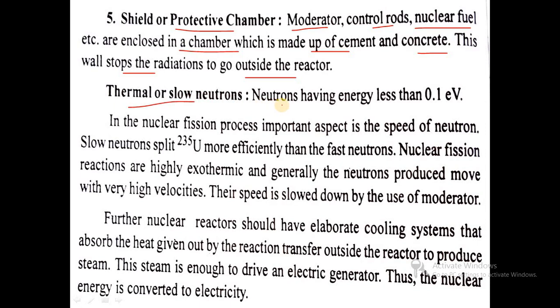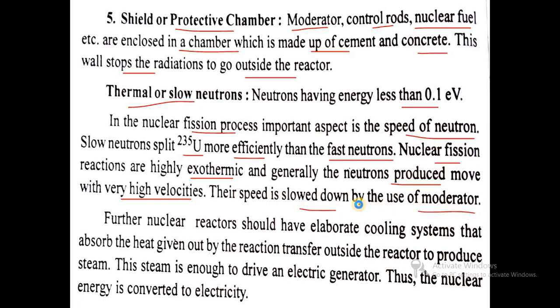Then thermal or slow neutrons are neutrons having energy less than 0.1 electron volt, which are used to carry out nuclear reactions. In the nuclear fission process, an important aspect is the speed of the neutron. Slow neutrons split uranium-235 more efficiently than fast neutrons. Nuclear fission reactions are highly exothermic, and generally the neutrons produced move with very high velocities, so their speed is slowed down by the use of moderators.